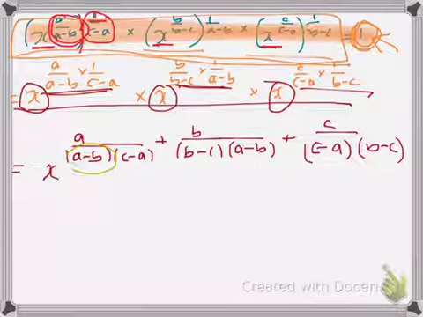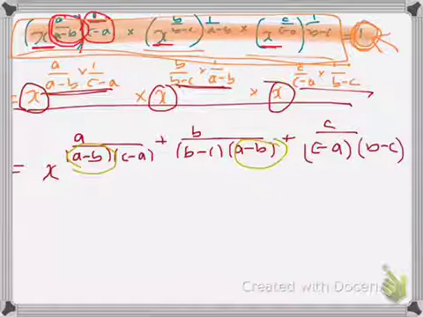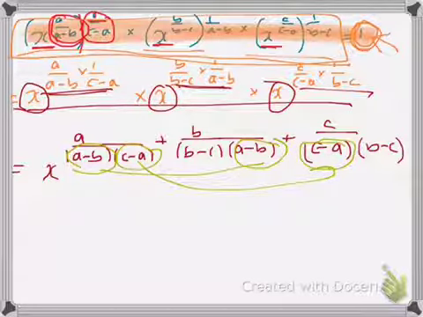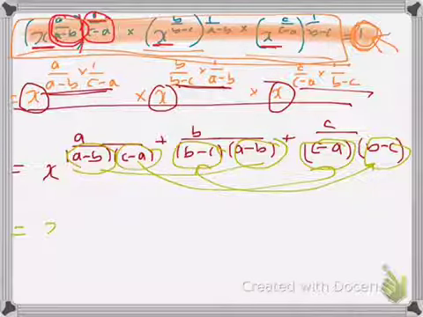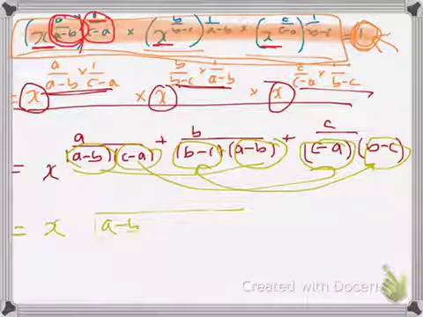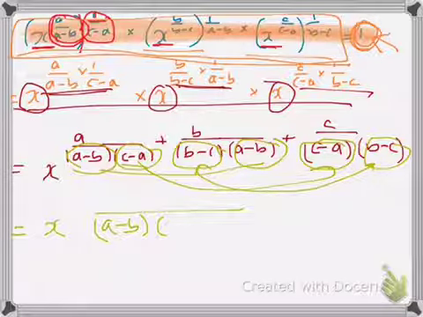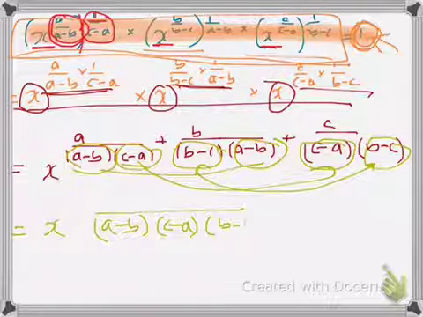Here a minus b is here 2 times, c minus a is here, which is also 2 times repeated, and b minus c is also 2 times repeated. So our LCM will be a minus b and c minus a, which is written 1 time, and b minus c, which is also written 1 time.